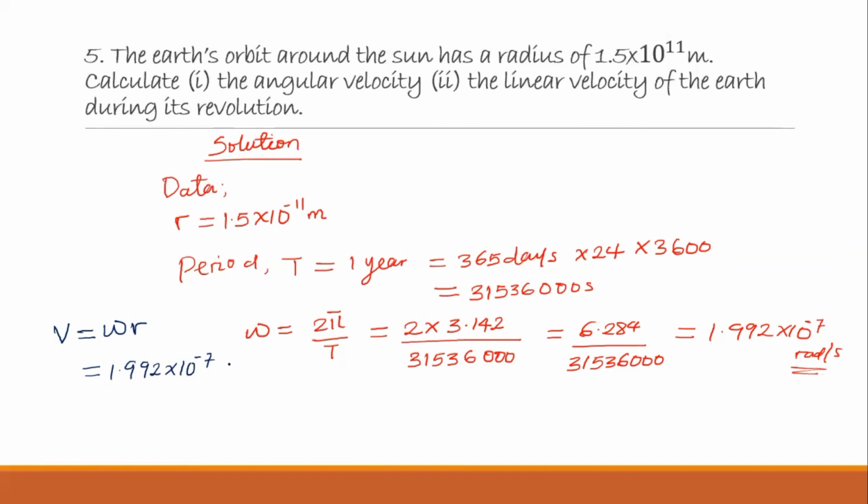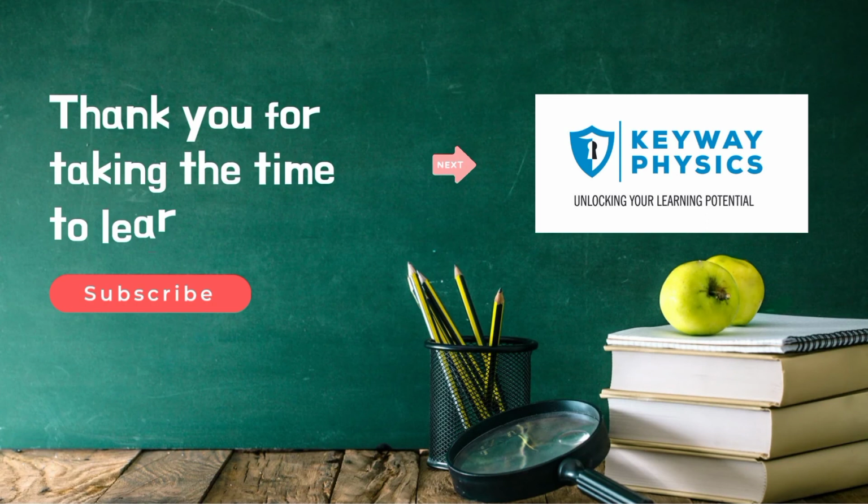And that of radius is given to be 1.5 times 10 raised to power 11. So this will be equal to 2.988 times 10 raised to power 4 meter per second. So that is how to approach this type of question.